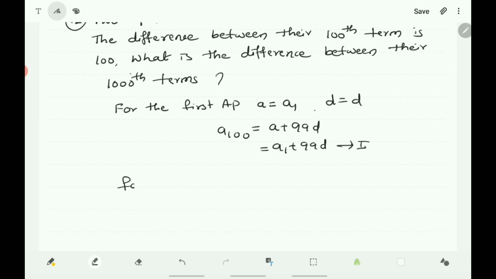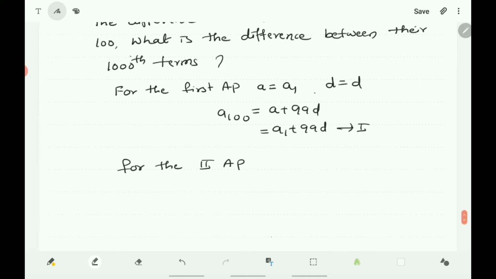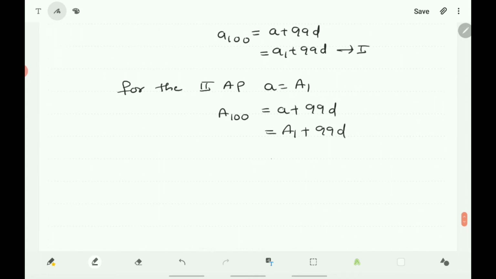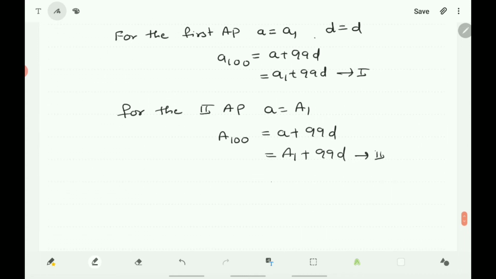For the second AP, let us take A equals a1. Then A100 again becomes A plus 99D, that is a1 plus 99D. Consider this is the second.